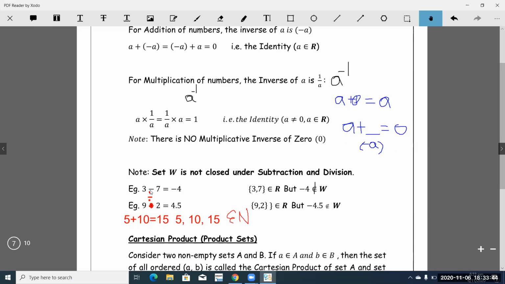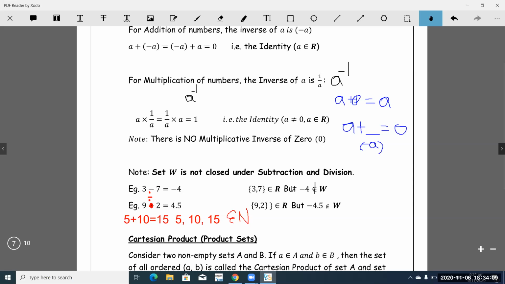Now look right here. I have 3 minus 7. 3 is a whole number, and 7 is a whole number. But 3 minus 7 is negative 4. Is negative 4 a whole number? No. And so we say 3 and 7 are whole numbers, but minus 4 is not a whole number.